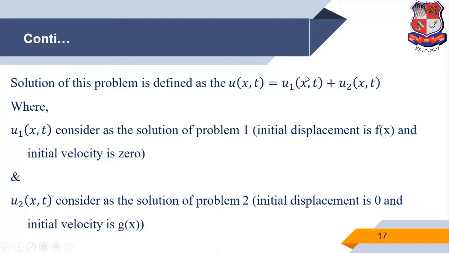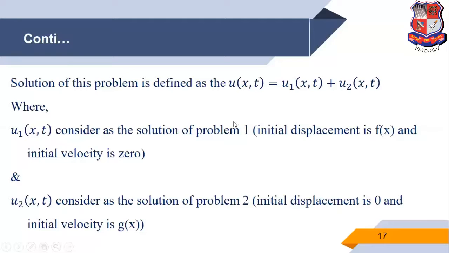So u(x,t) is equal to u1(x,t) plus u2(x,t), where u1(x,t) is the solution of problem 1, where initial displacement is f(x) and velocity is 0. So u1(x,t) is the solution of problem 1 type, and u2(x,t) is the solution of problem 2 type. And then we add both, then we get the solution of problem 3 type.